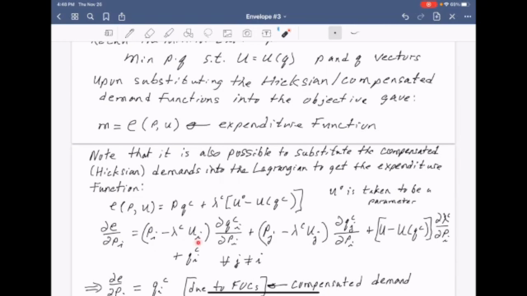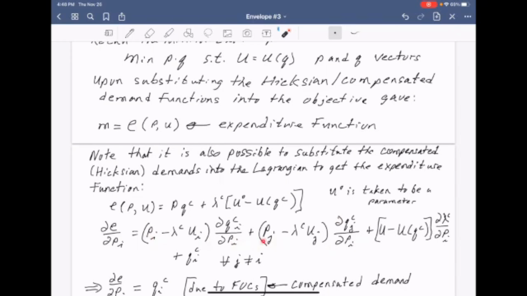We get this result here that we have the price of i minus lambda times the marginal utility of i, multiplied by the first derivative of the compensated demand function with respect to Pi. And we do the same thing for some j good, and basically we have to sum these.